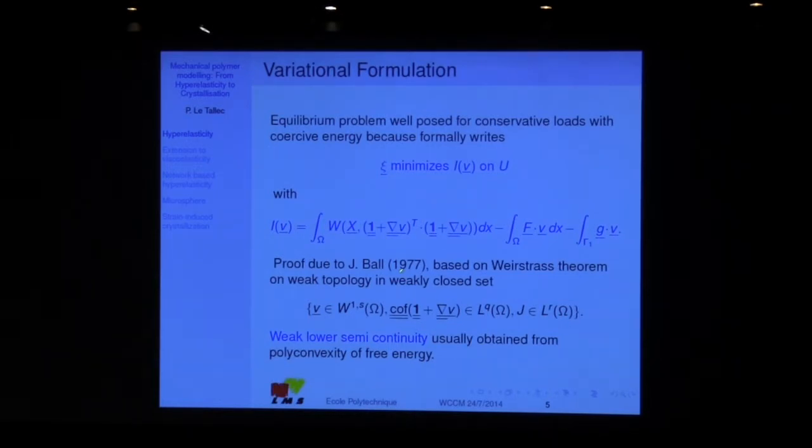And it is weakly lower semi-continuous in many situations because of the polyconvexity of the free energy, because of the convexity of the energy as a function of the gradient, the cofactor, and the determinant. So existence, at least as a minimizer, is rather well understood. You do not have existence for the Lagrange equation, but you have existence of a minimizer.